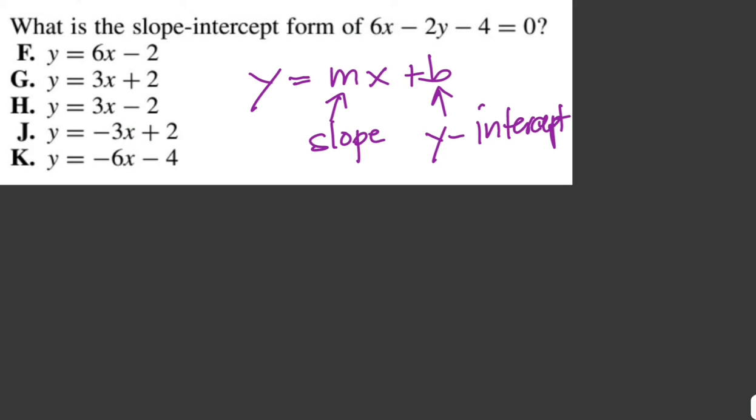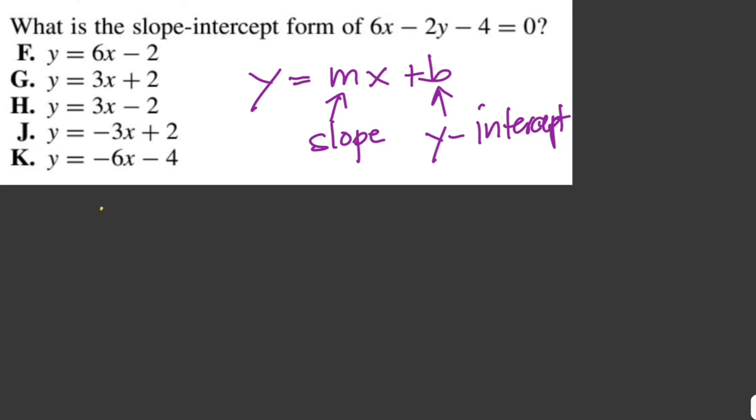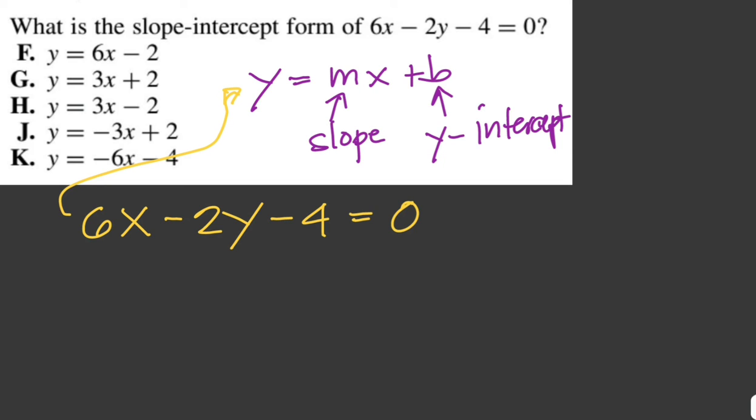Now, to find the slope-intercept form, let's write the equation here: 6x minus 2y minus 4 equals 0. We must isolate y on the left side of the equation.